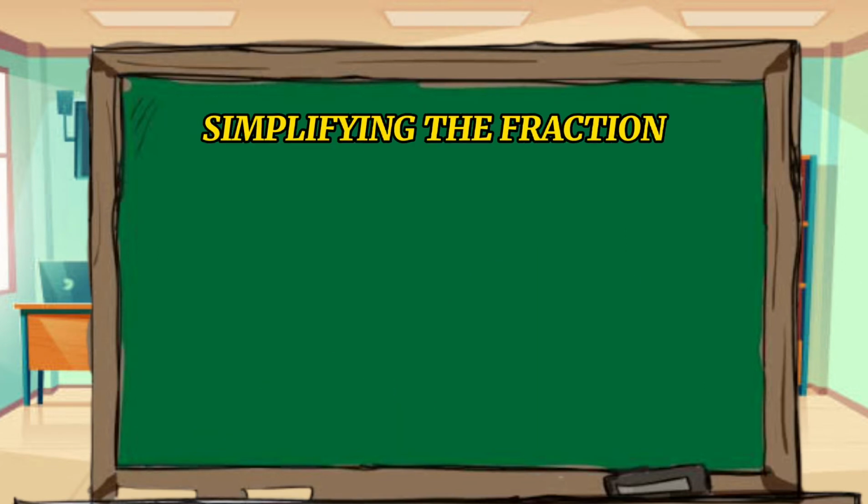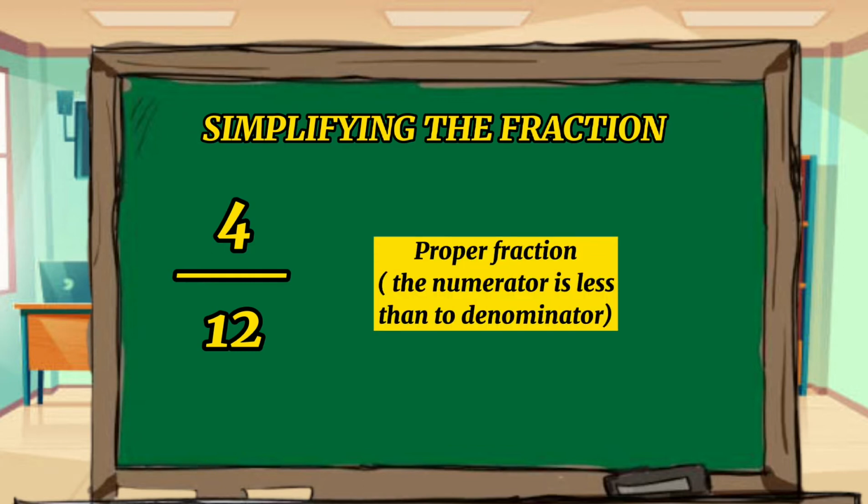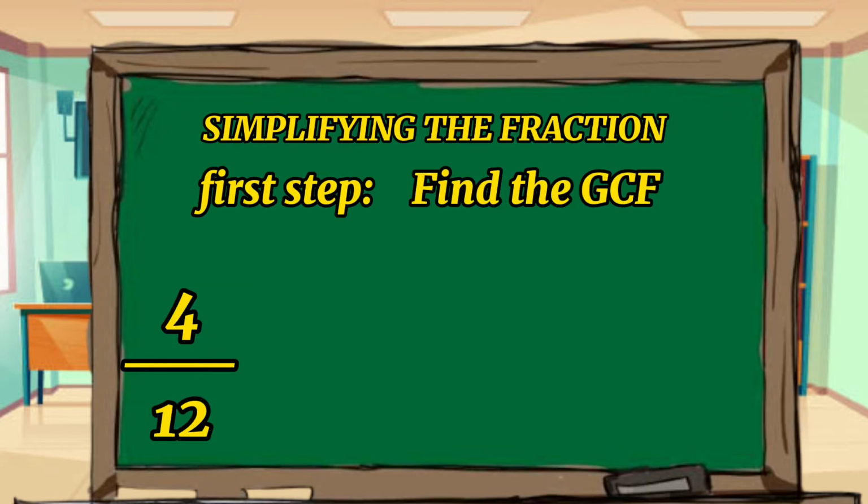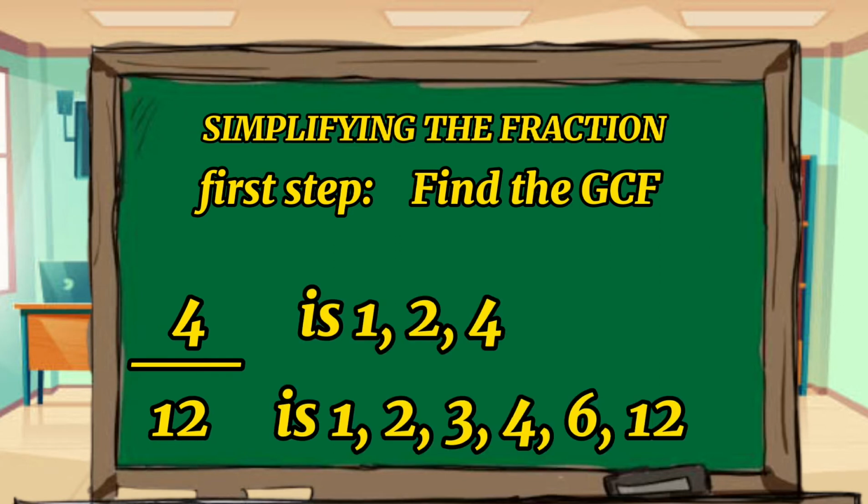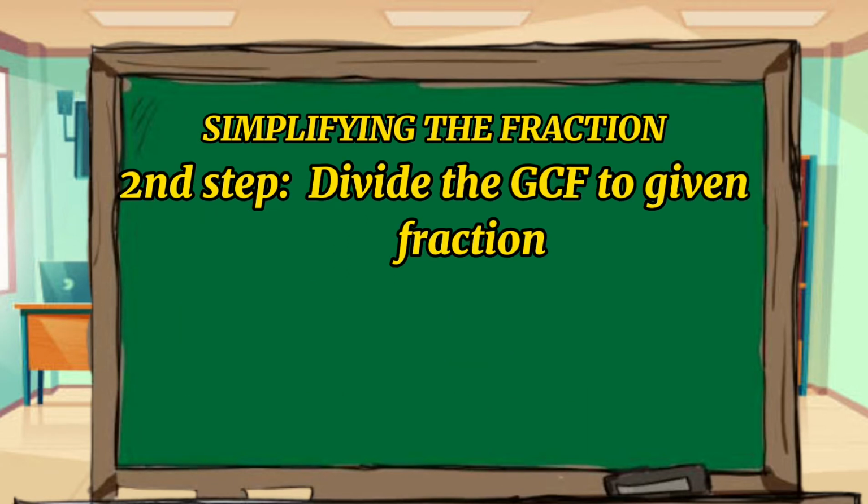Let's simplify 4/12 to lowest terms. 4/12 is a proper fraction. So, here are the steps. First, let's find the GCF of 4 and 12. The GCF of 4 and 12 is 4. Next, let's divide the given fraction by the GCF.